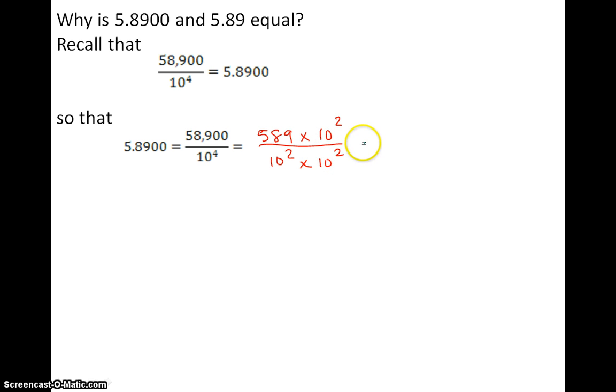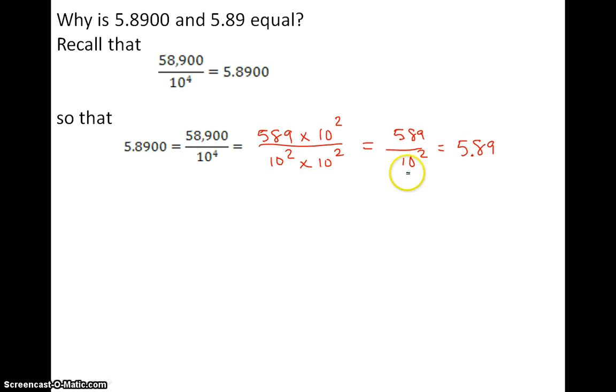So we can actually cancel those out, and we are left with 589 over 10 to the 2nd power, which is 589 hundredths.